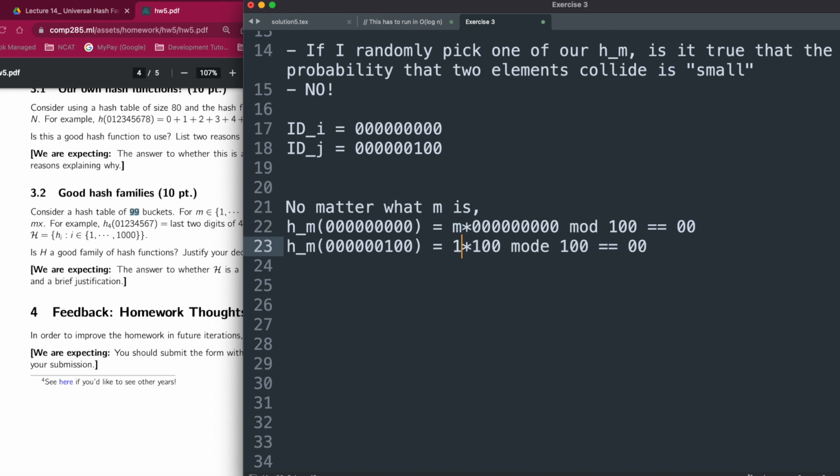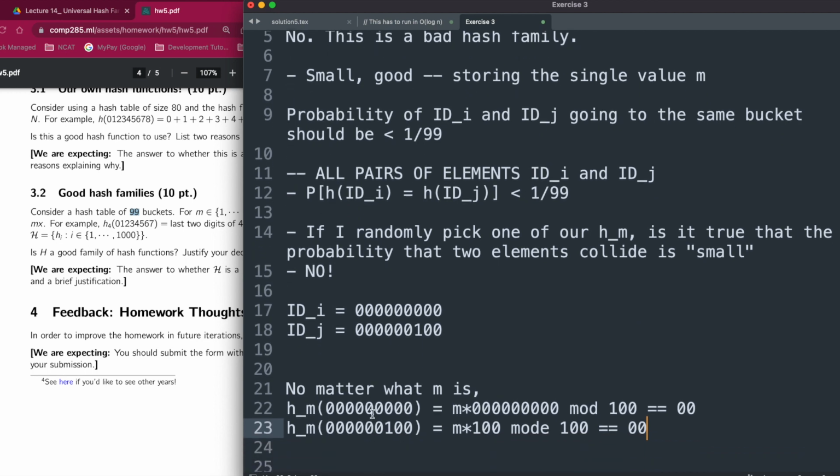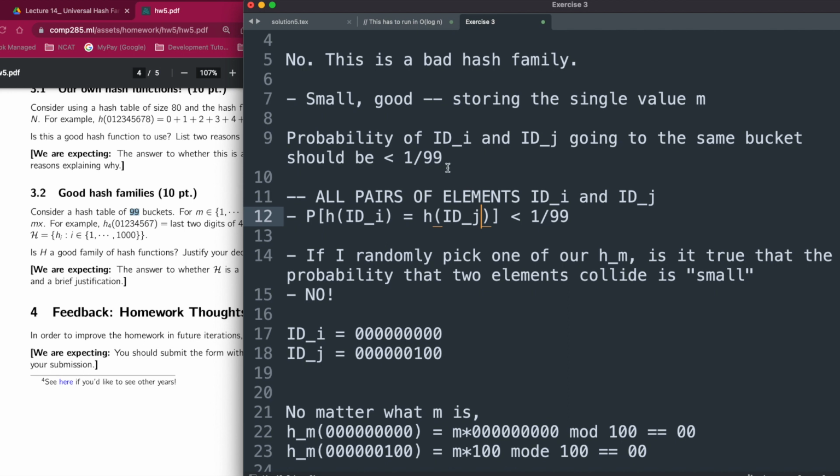If m is 564, then this is 564, 0, 0, because I multiply by 100. So for these IDs, the probability of them colliding under our hash family is actually equal to 1, which is bigger than 1 over 99. So this is a bad hash family because there are pairs of elements where no matter what hash function you pick, they will always collide.